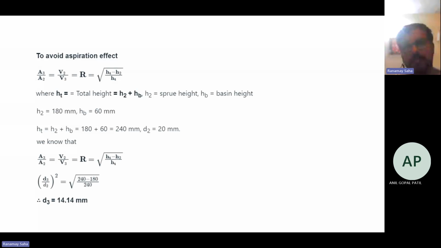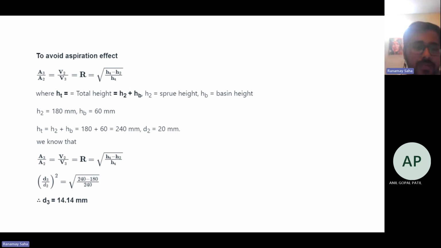The area remains constant. So there is a gap between the wall of the sprue and the outer surface of the flowing molten metal. According to the continuity equation, at the end of the flow the velocity is more, so automatically the area there becomes small.